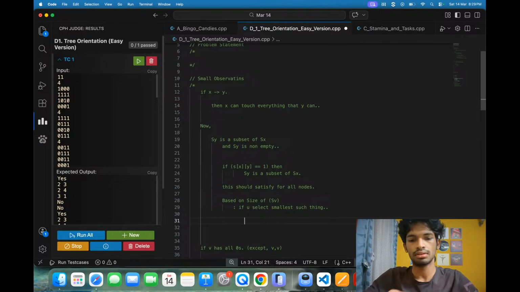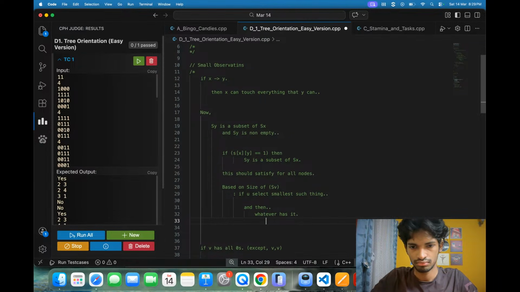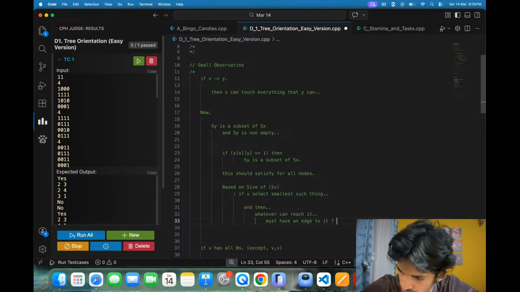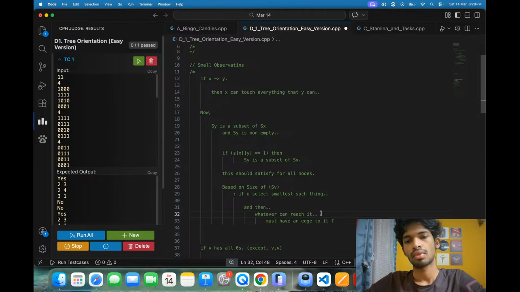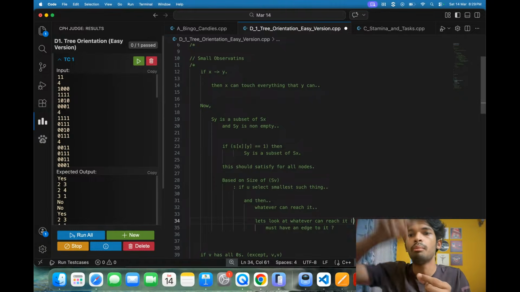Let's look at whatever can reach it. In these things, we have many things that are coming to this leaf now.